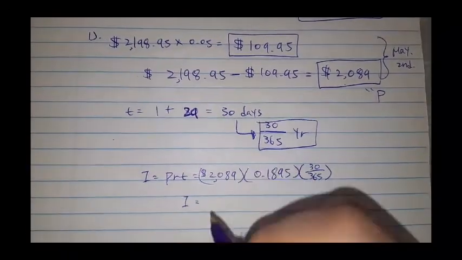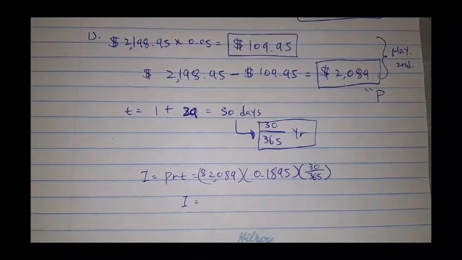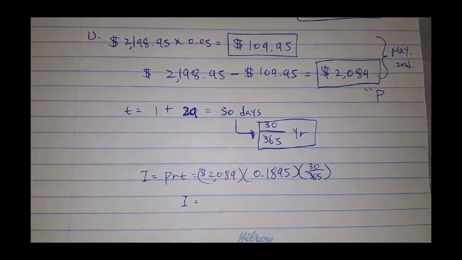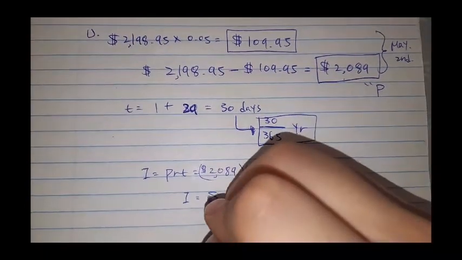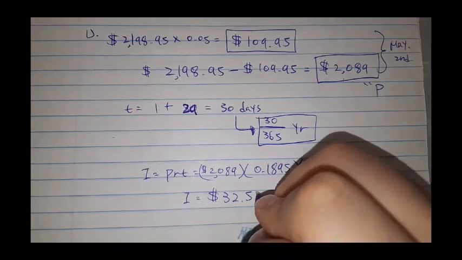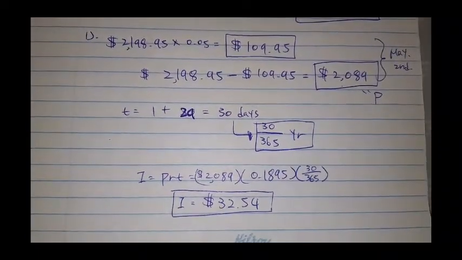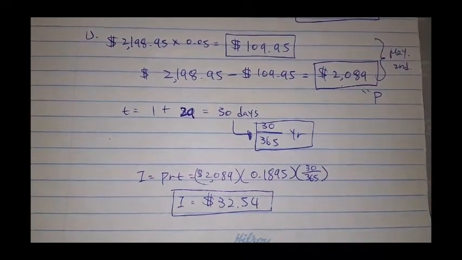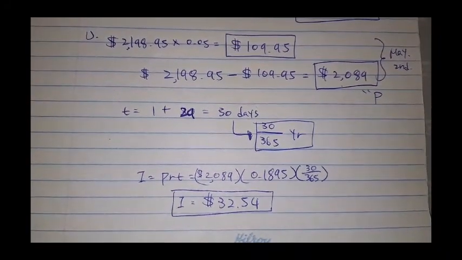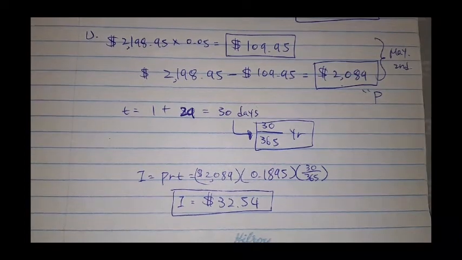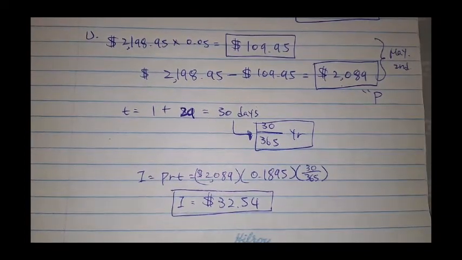Then 2,089 multiplied by that gives the interest, $32.54. That is what we have so far, but Daphne will be charged daily interest on the cash advance beginning immediately.